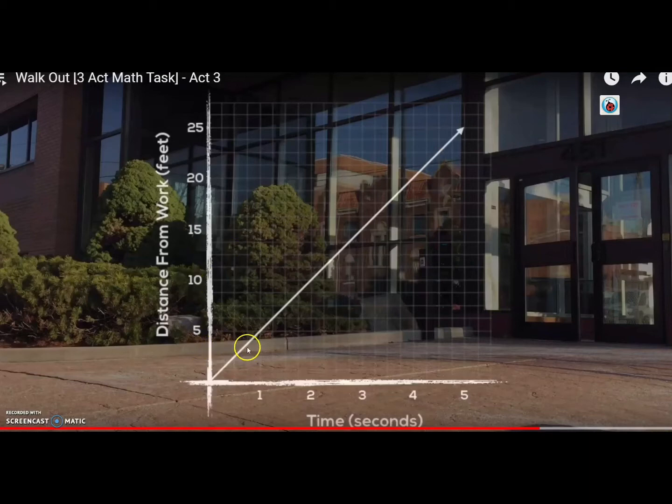Okay? So what you would do is you would take your distance and divide by your time. So if we came to 5, we came over to the line, we dropped down to 1. 5 divided by 1 should give us a speed of 5.